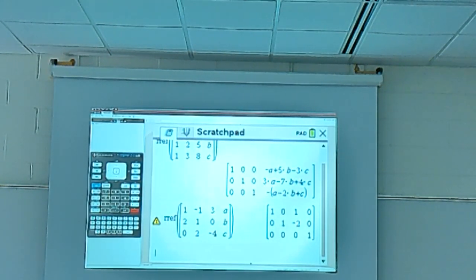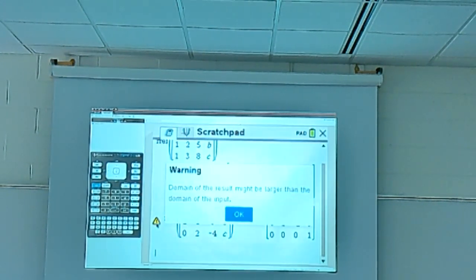That's not really helpful. Notice that yellow exclamation. That's just saying that the domain probably changed, and you can just ignore it.